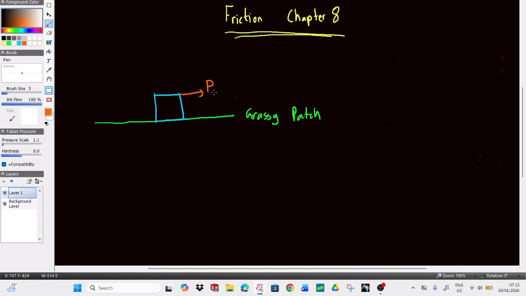As you're pulling the box with force P, you'll notice some sort of resistance. You feel like there's something counteracting the force that you're pulling.